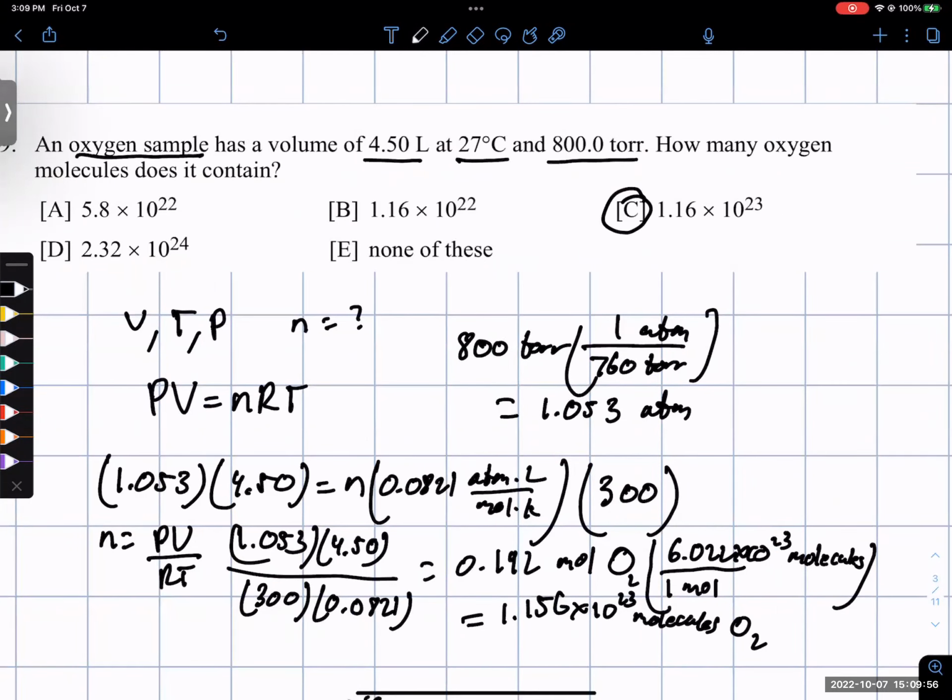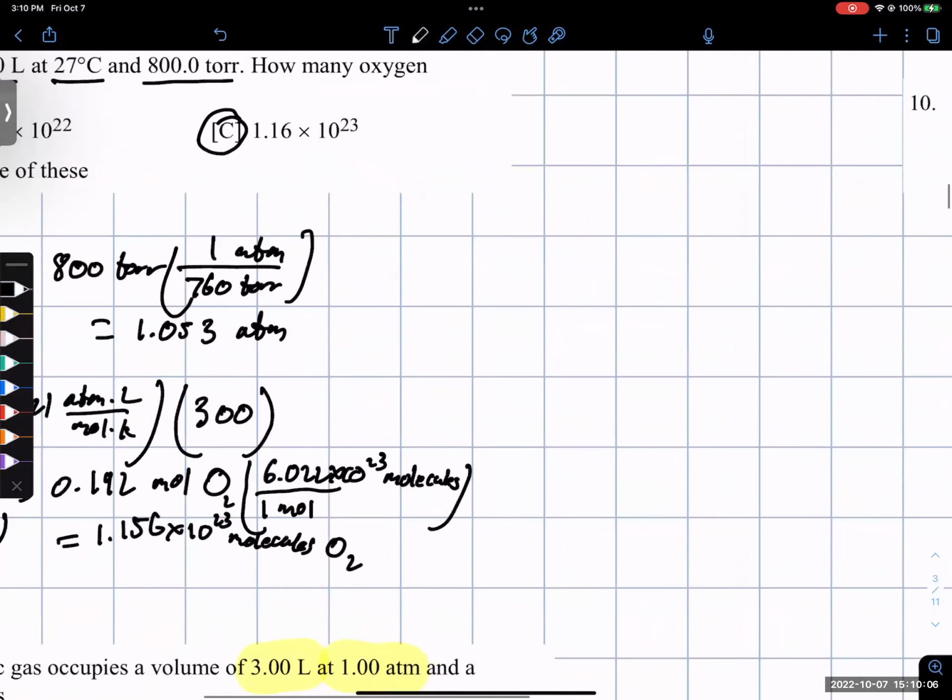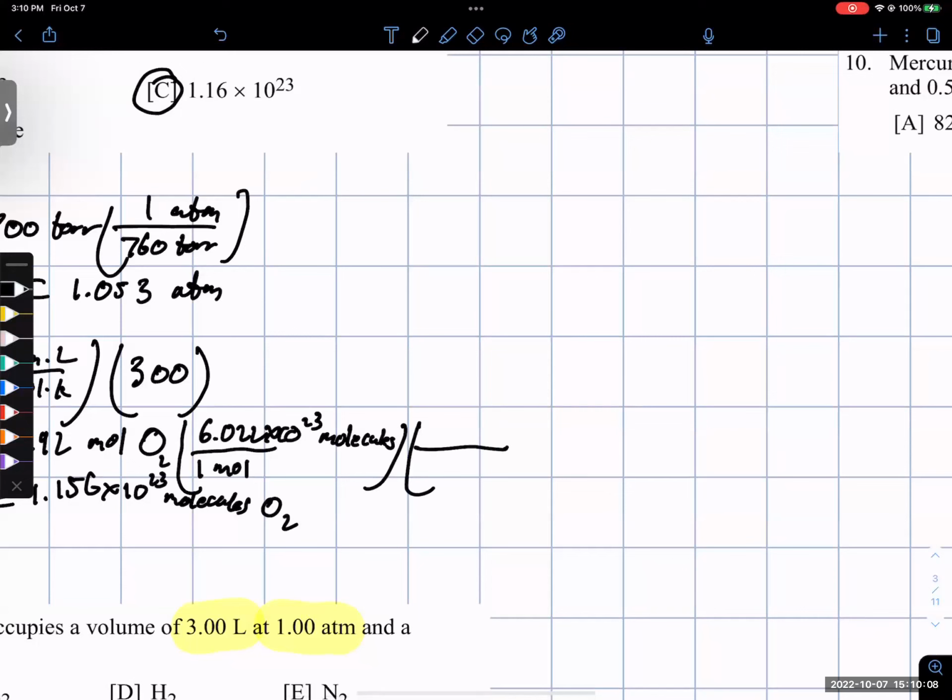If it asked for oxygen atoms, would we also use Avogadro's number? Yeah, exactly. Because it asks for molecules here, that's why you use Avogadro's number. If it asks for atoms, one molecule of O2 would have 2 atoms, so you just multiply by two. 2 atoms of oxygen per molecule of O2.